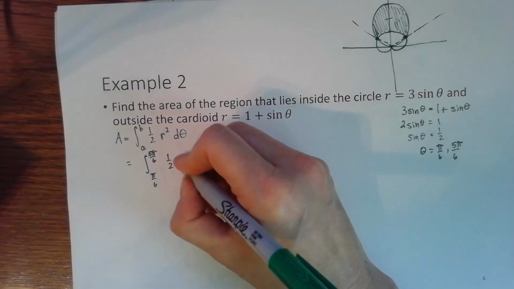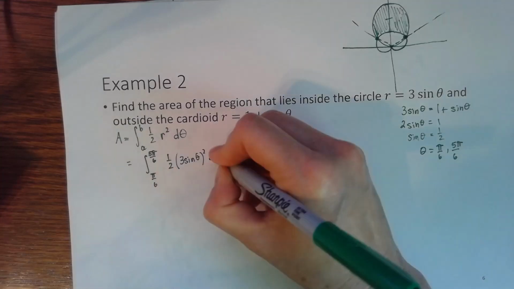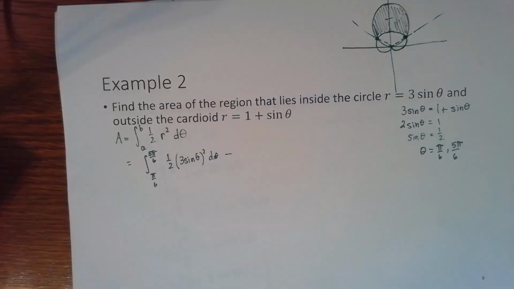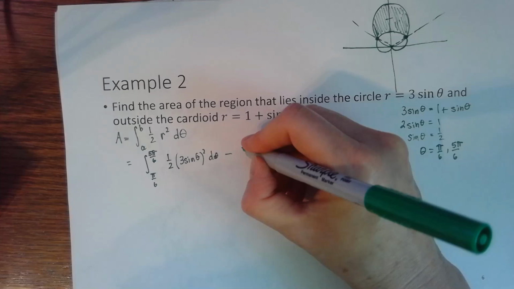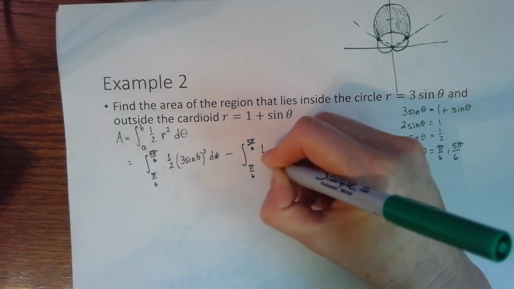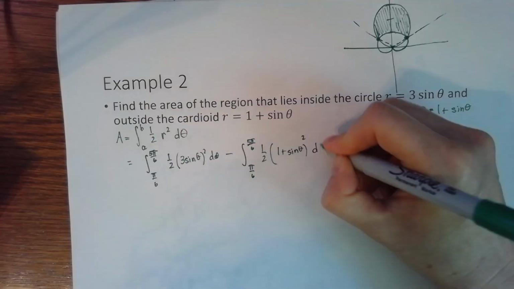On this one we'll do 3 sine of theta squared d theta, and that will be the area inside the circle, and now we're going to want to subtract off the area that's in the cardioid, so we'll do 1 plus sine as that r.